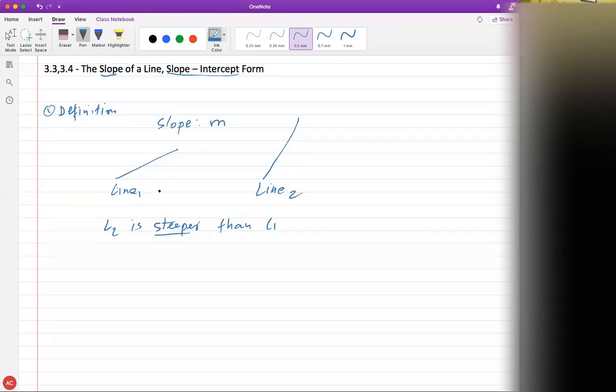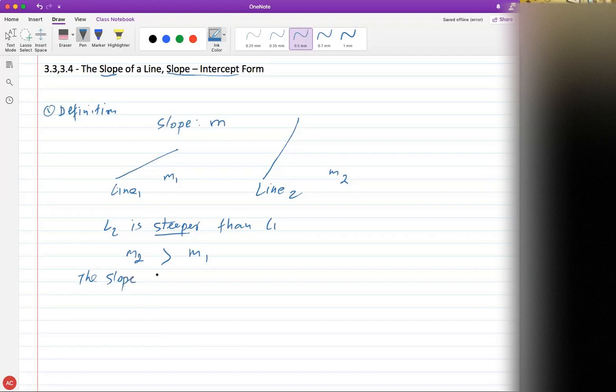So this line has its slope, let's say m1, and this one has its slope m2. Just by looking at it, we can say that this line is steeper than this line. Therefore, the slope of this line, m2, is higher than the slope of line 1. Sometimes we could say the absolute value of the slope of this line is higher than the absolute value of this one. So that's basically what the slope is. It's just a measure of the steepness of a line.